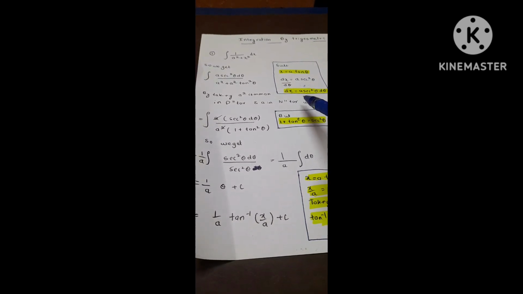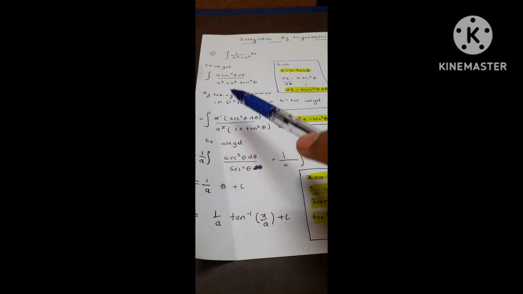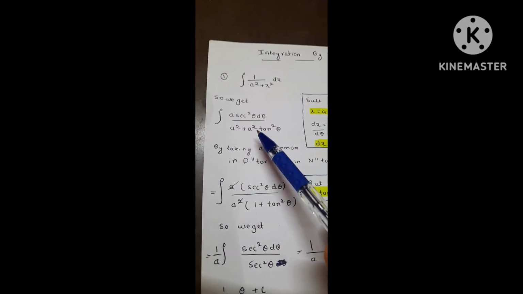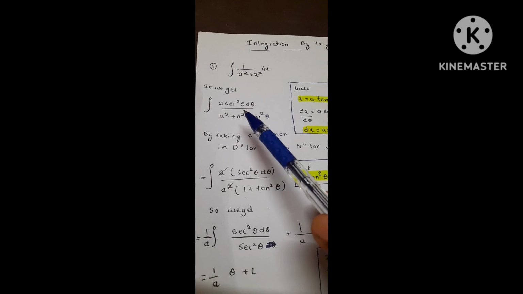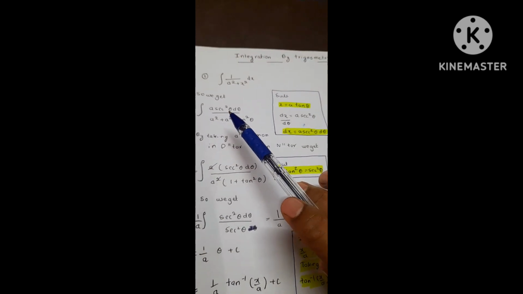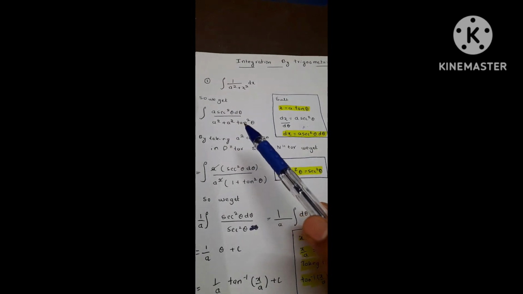By substituting these two equations, which I marked with the yellow marker, you will get this equation. In the place of dx, a secant square theta d theta, and in the place of x, a square tan square theta.